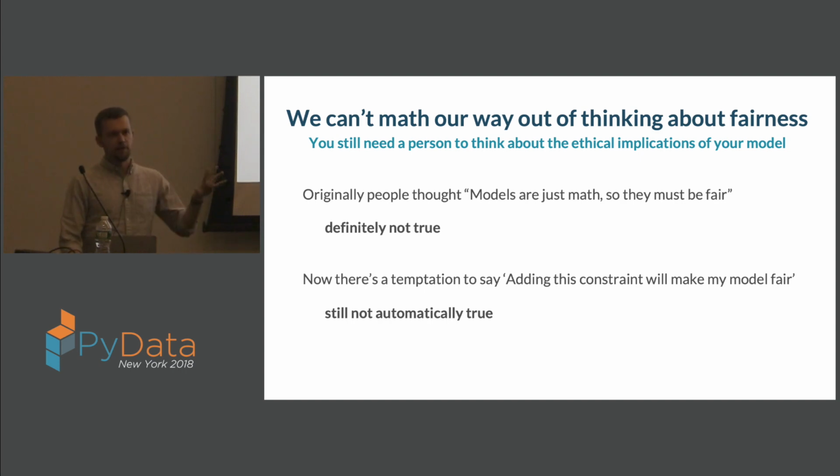It's not, the models are math, so they must be fair. It's, I'm going to add a little bit of extra math on top of my model, and then it'll be fair. But you can't just rely on the math. You still need a human person applying human judgments to decide what makes your model fair. So these are the subtleties of how you should think about measuring the fairness of your model's output.